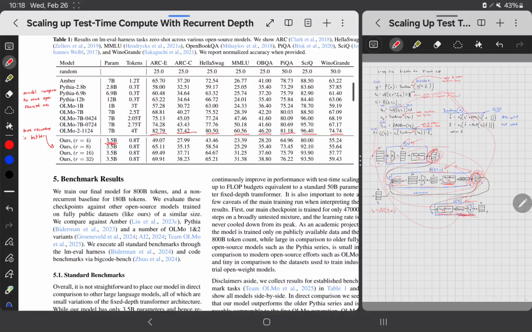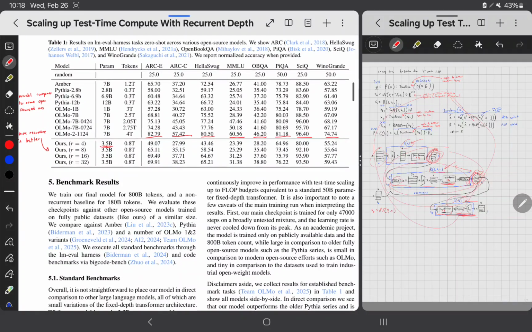If we look at this table here, they have this 3.5 billion parameter model, and they change the number of recurrences. We can see as you increase the number of recurrence operations, it does better. I think their biggest model has 2 transformer blocks for the embedding, 2 for the unembedding, and 4 for the recurrent part.